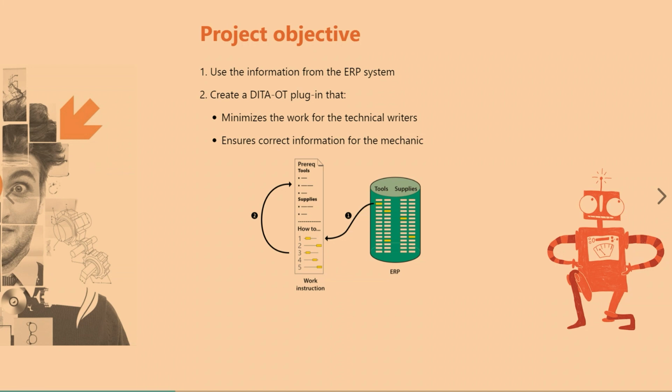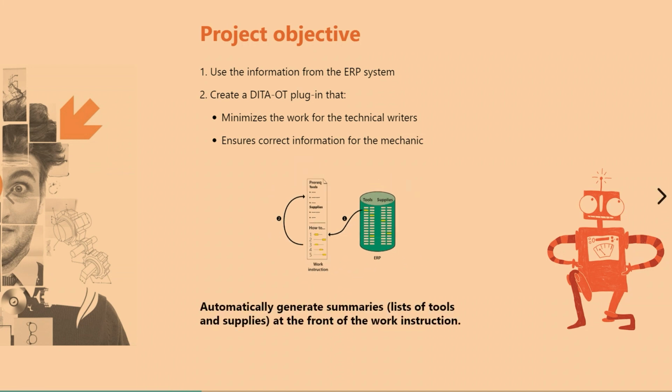And then somewhere they also said, Pieter-Jan, it would be very nice if we could use the information from the ERP system, in our case SAP, and just have this also in our work instruction. So we had to extract everything from the ERP, all articles from the ERP system, use it in the work instruction, and generate these summaries.